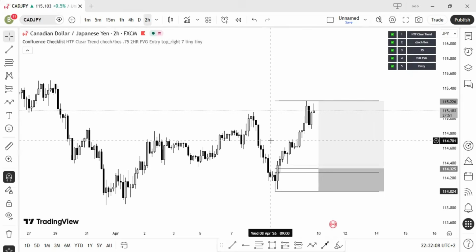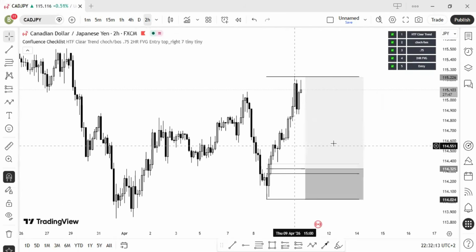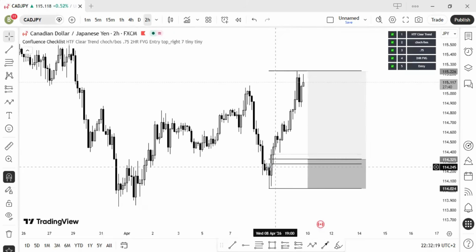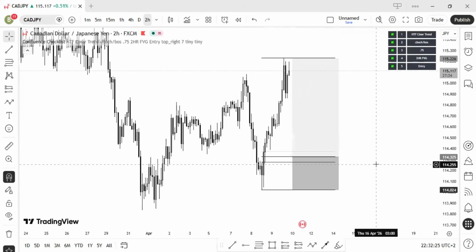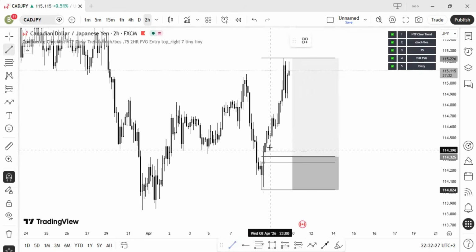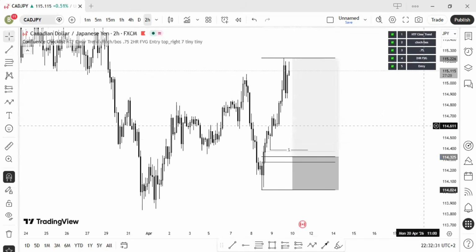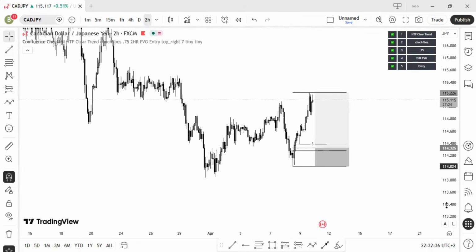It's not like Nasdaq where it has to go for liquidity and it will never displace without taking liquidity. Currencies can. So there is a fair value gap here, but it's really small. So this is not a high probability trade. We also have a temporary low there. This is not a high probability trade, but I will keep an eye on it also.